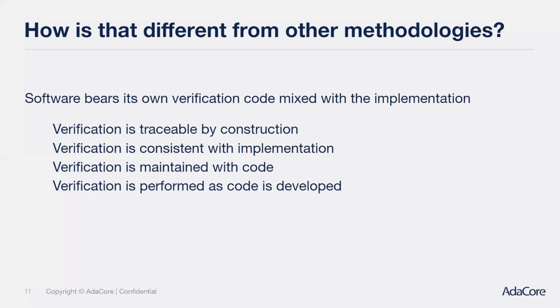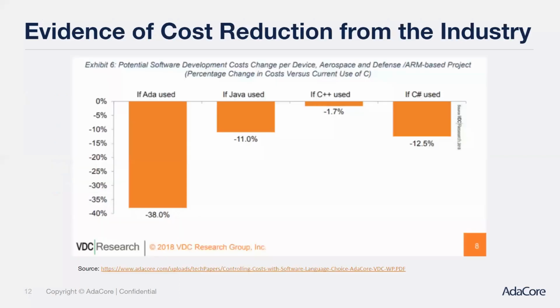That cost I want to stress because that is actually measurable. A few years ago, we asked VDC Research, that was back in 2018, to measure the differences between Ada usage and other languages, in particular C. So that graph that you see here is their findings, from their own market study.